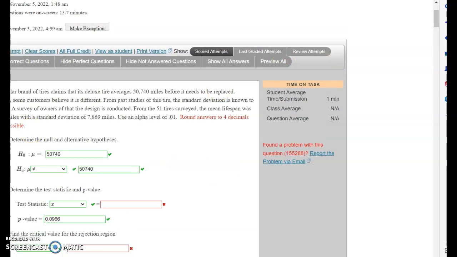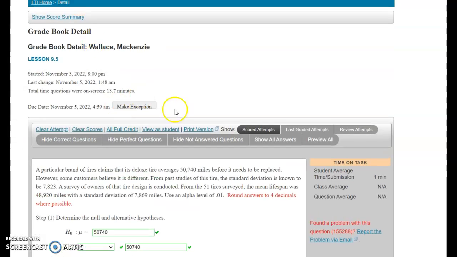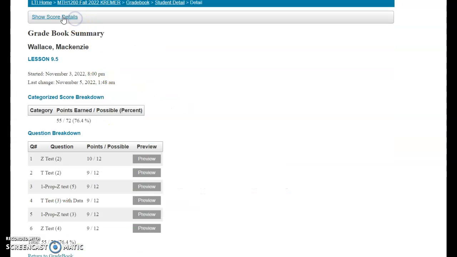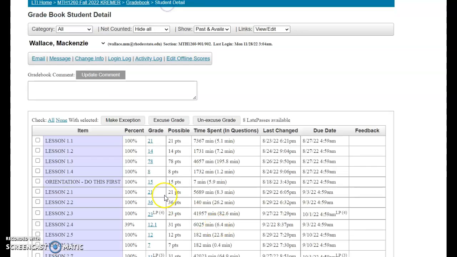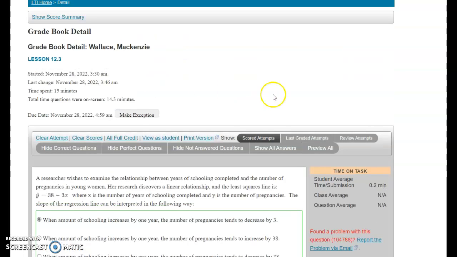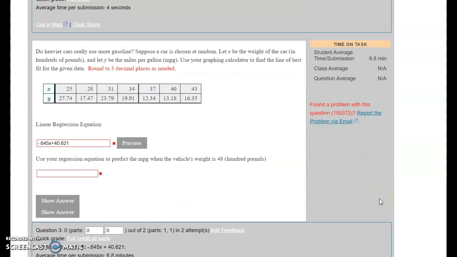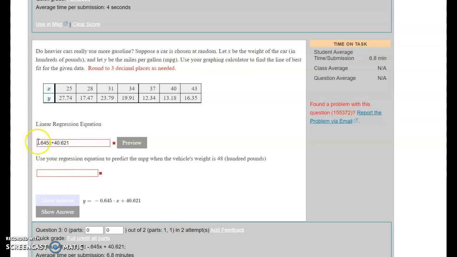All right, so this is your online homework. Let me go to that section. I'm thinking maybe that's 12.3. So this might be what you're talking about, that you have the equation, you think you have it right, but it's counting it wrong, which I agree with here. Any equation has to have an x and a y in it.